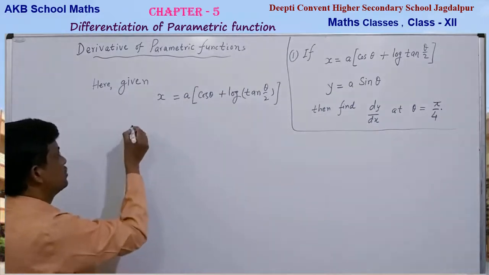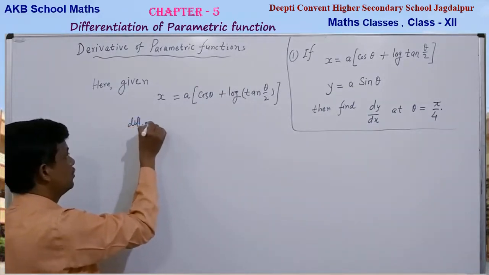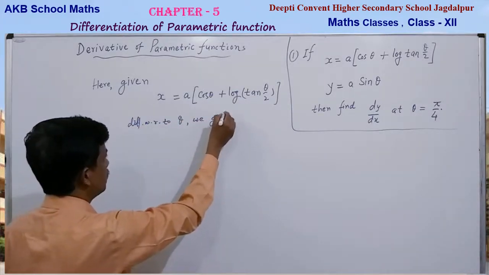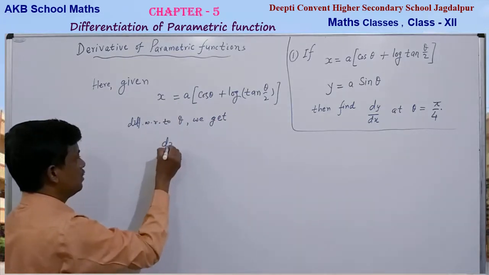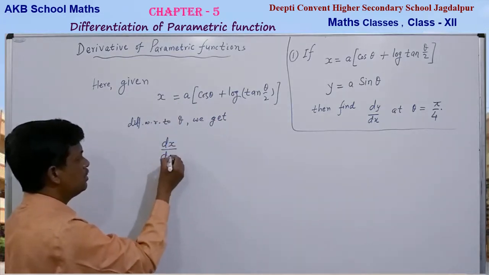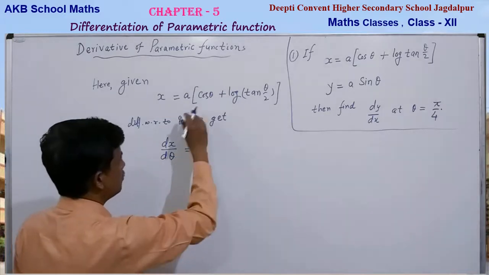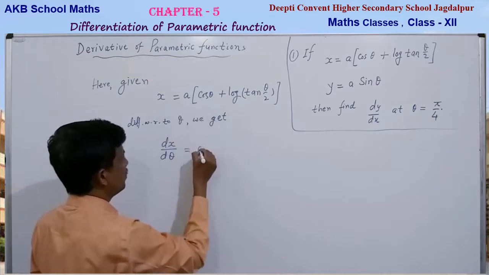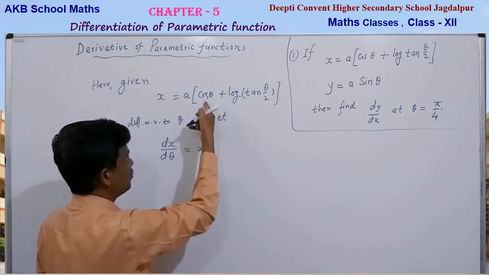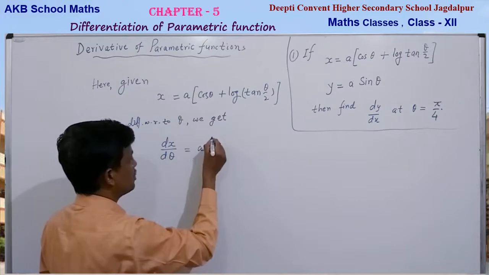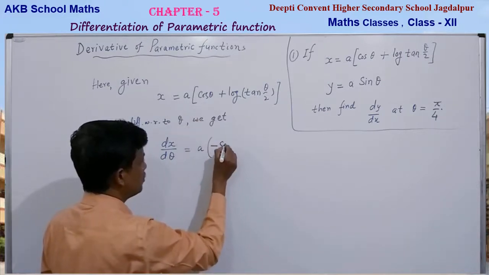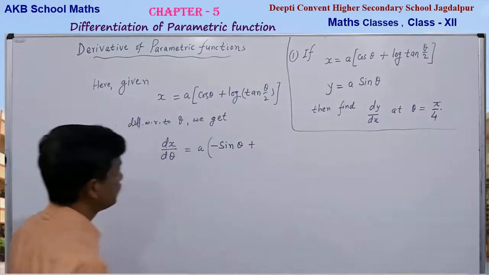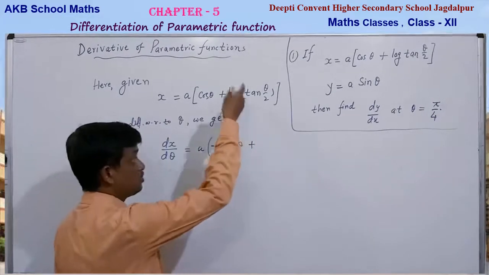Now what we have to find? dx by d theta. So differentiate with respect to the parameter, that is theta, we get dx by d theta equals, differentiate this. Term by term differentiate, a is constant, differentiation of cos theta will be minus sin theta with respect to theta. Similarly, plus, now differentiation of this is a composite function of theta.